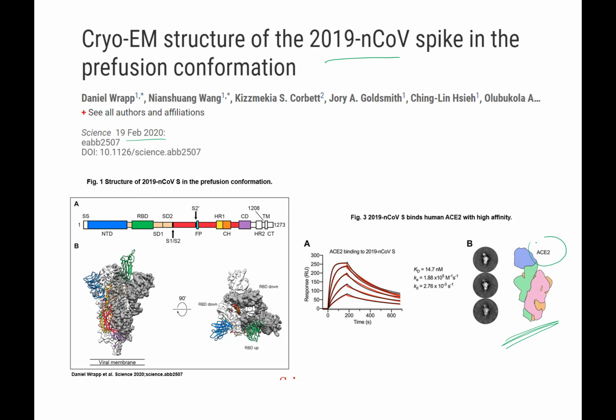So maybe it will help us someday develop a vaccine if we can find a very conserved part of the spike protein that blocks interaction with the ACE2 receptor. All of this data doesn't really help us right now with treatment or prevention, but maybe by looking at conserved regions we could design a vaccine against coronavirus one day. So even though our paper is a little bit older, they are still doing the exact same work with the new coronavirus that just came out.